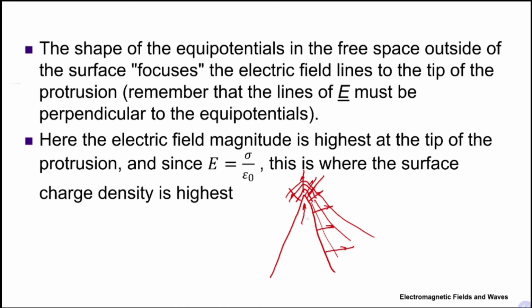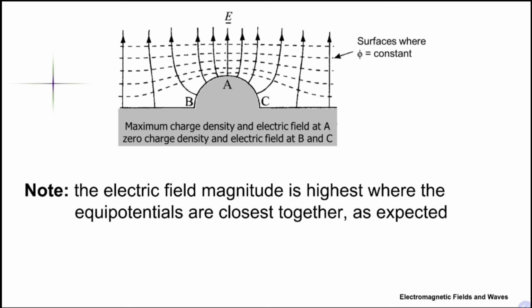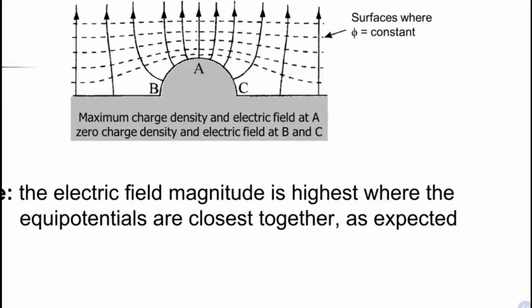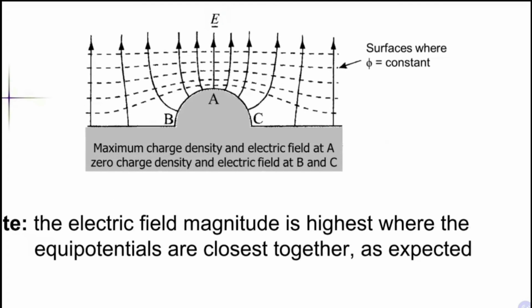Therefore the electric field is stronger here, so the charge is also highest at the peak of this triangle. So there is maximum charge density and electric field at A, and zero charge density and electric field at B and C in this diagram.